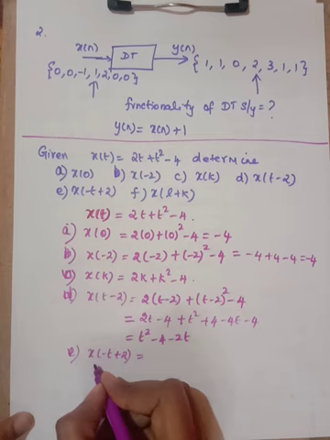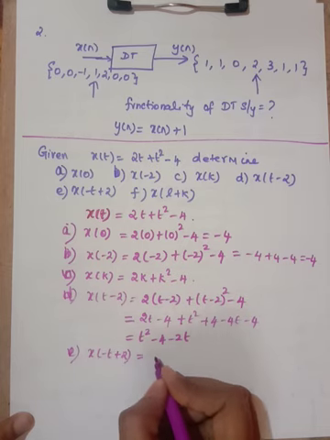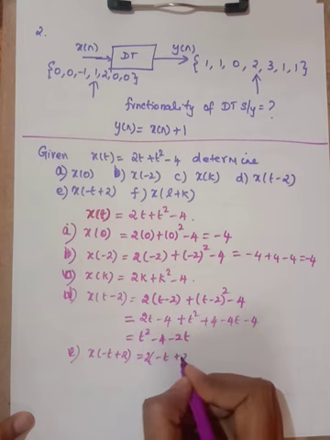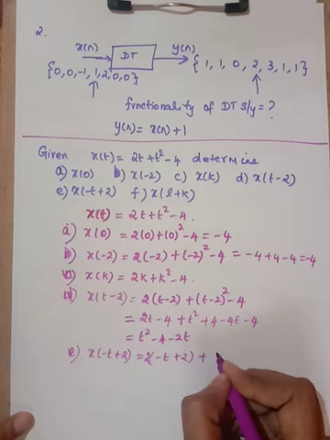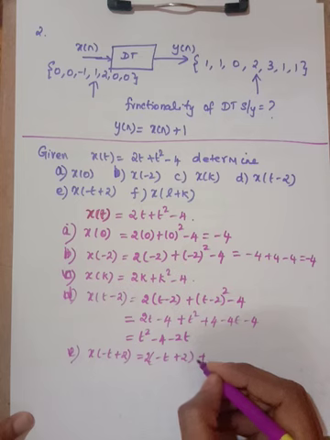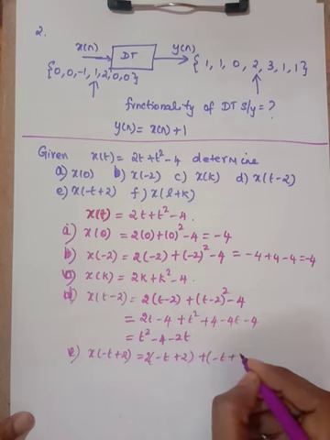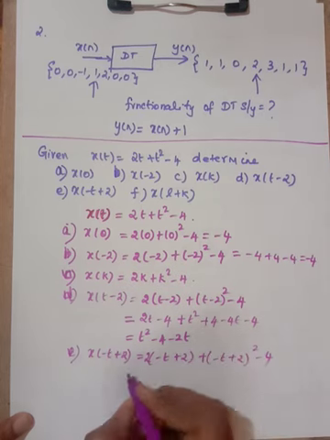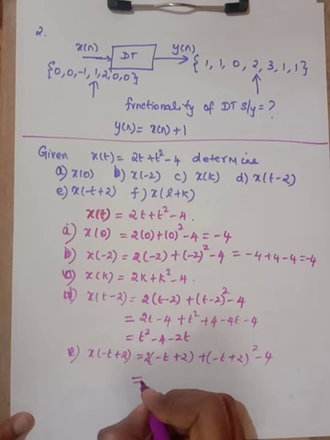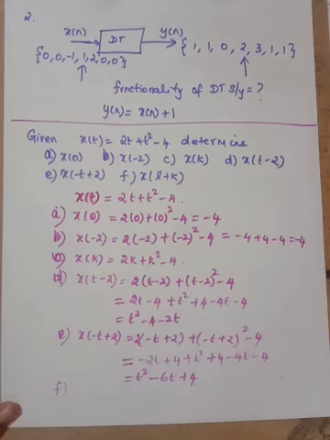Similarly, I am going to do it for minus t plus 2. Wherever you have t, I am going to put minus t plus 2: minus t plus 2 plus minus t plus 2 the whole square minus 4. When you simplify this, you get the result t square minus 6t plus 4.